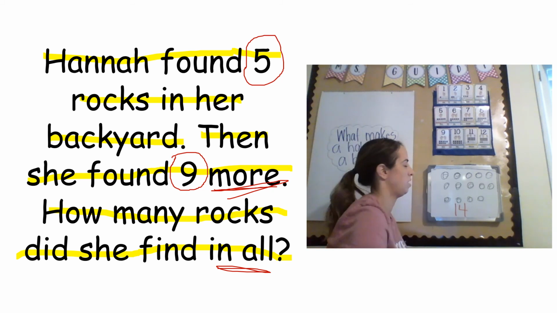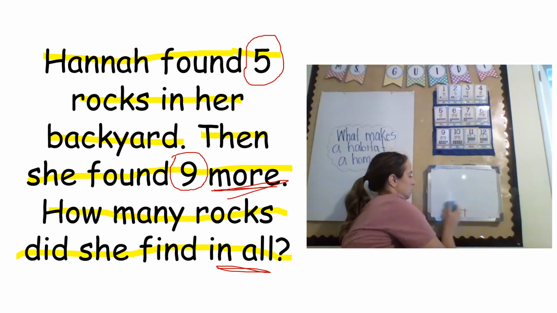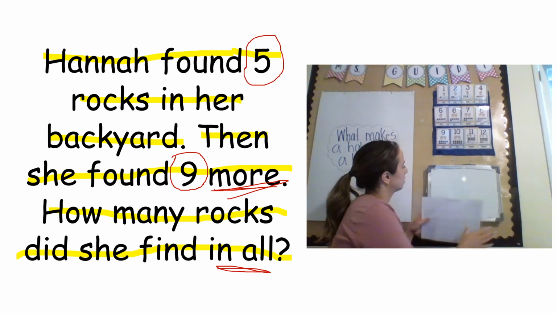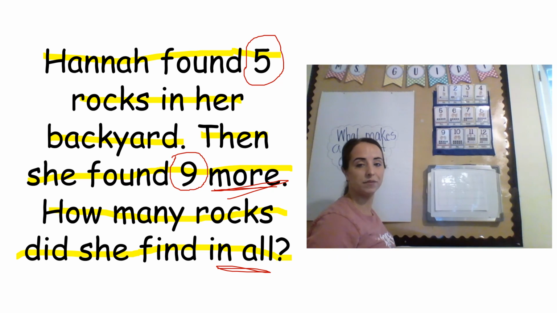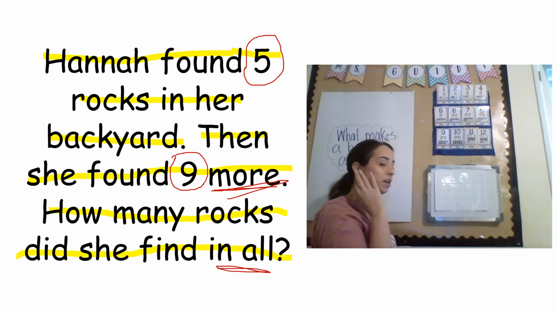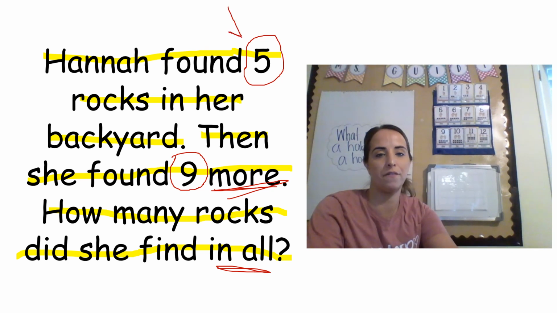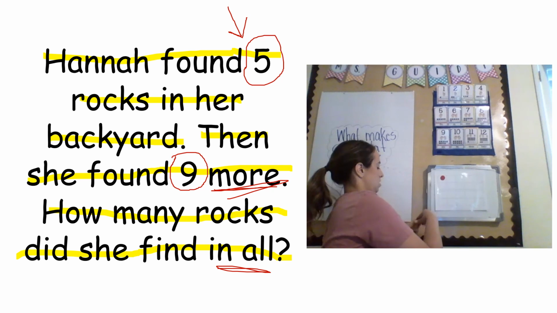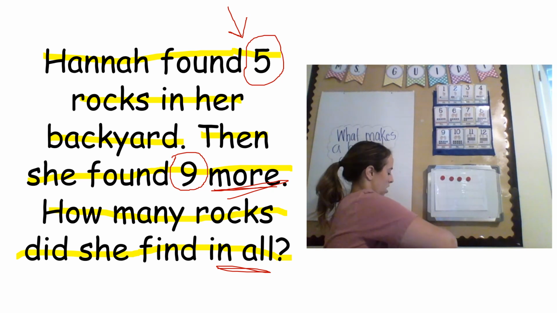All right, I'm going to do it on my 20 frame now. Erase your board if you're using the back of the board. Alrighty, remember you can pause if I'm going too fast. All right, so what number am I going to use first? How many am I going to put on my 20 frame first? That's a good arrow. 5. 1, 2, 3, 4, 5.